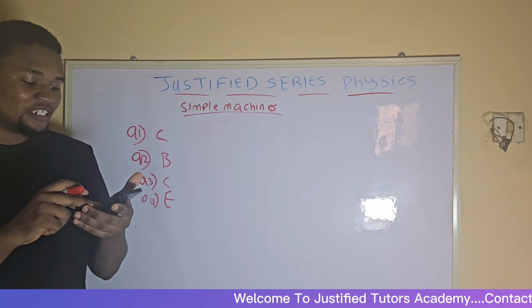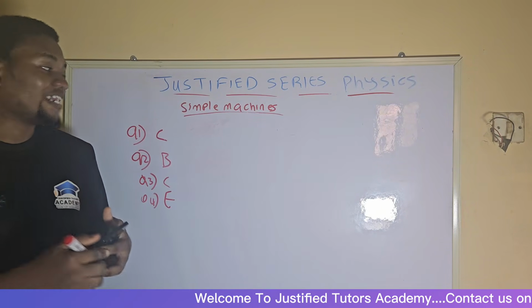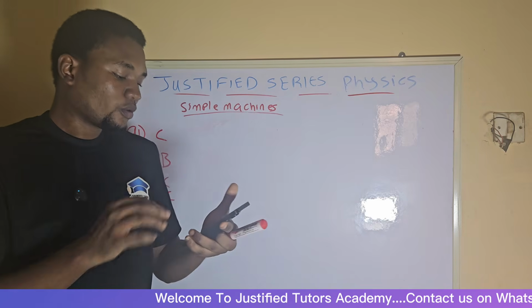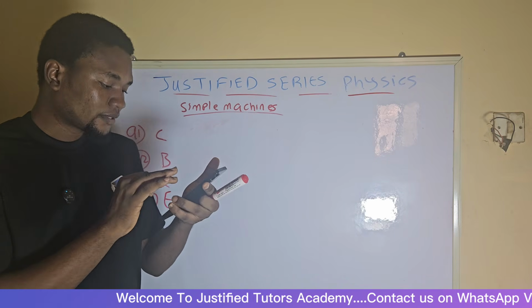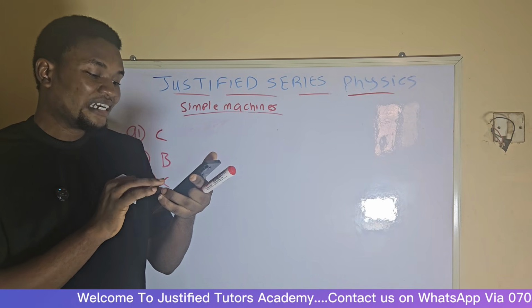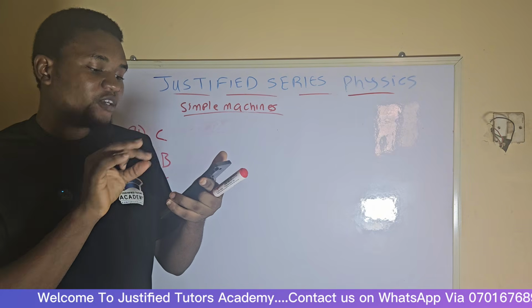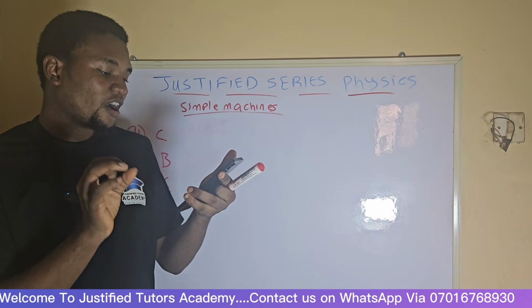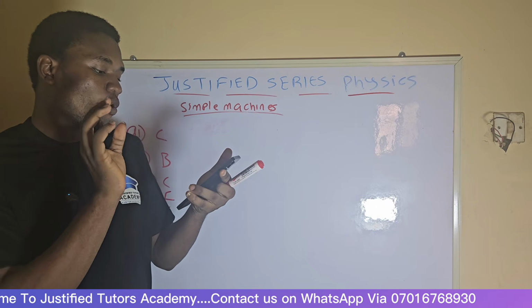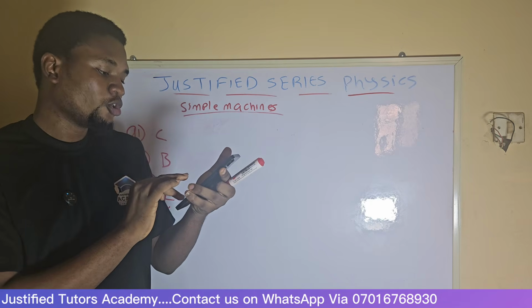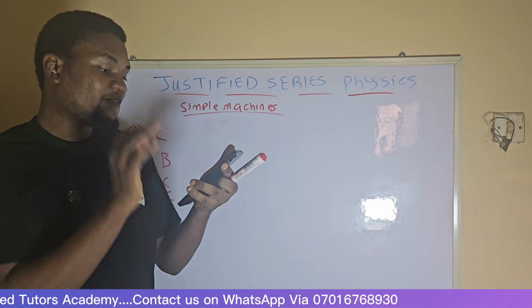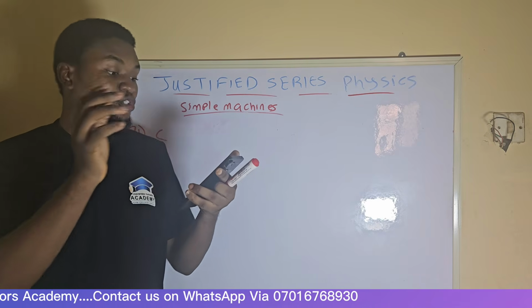So we are now dealing with an inclined plane. And remember, we are told to find the force. They said the force parallel to the plane required to push the load up. So we have to find the effort that will be required to push the load up.